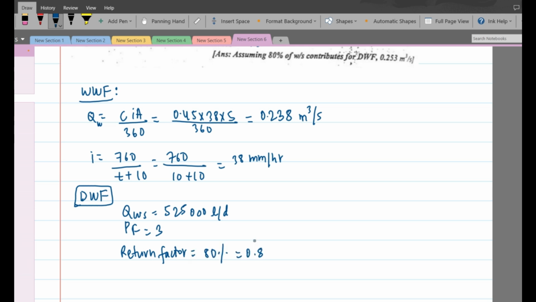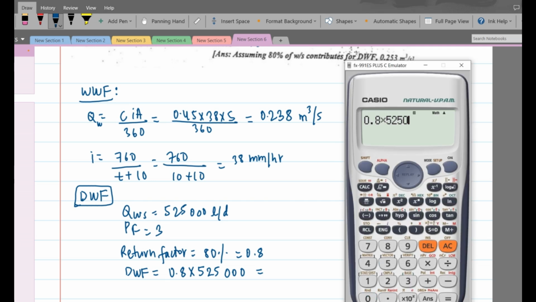If the return factor is 0.8, then our quantity of sewage, the dry weather flow, will be 0.8 times 525,000 liter per day.